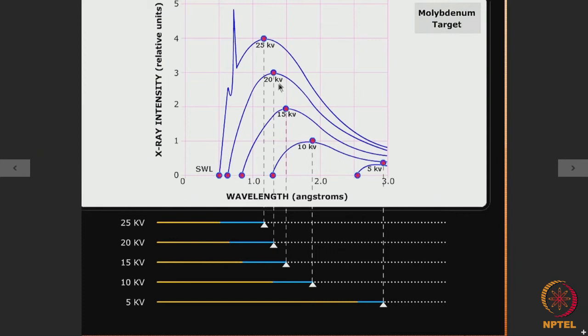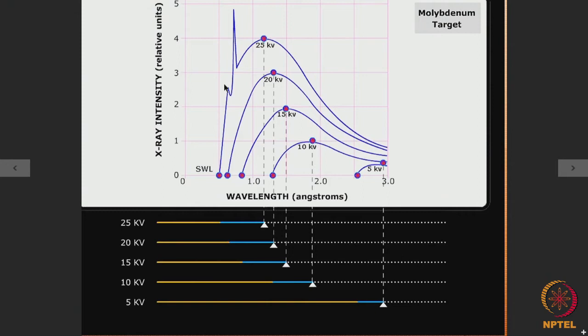When we apply a potential of 20 kV, this is the kind of plot we get. The short wavelength limit is then even shorter, and at 25 kV we find it is even shorter. Now, if we increase the voltage to more than 25 kV in case of molybdenum target, the entire plot shifts in a manner similar to the other ones, and these characteristic radiations also become more sharp.